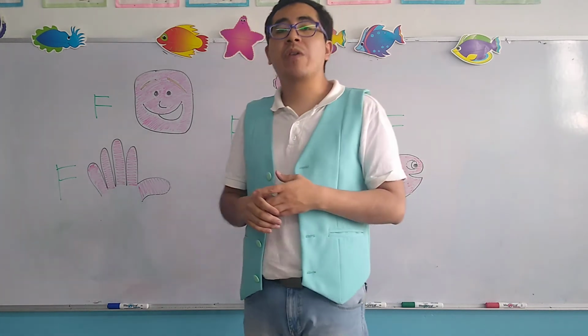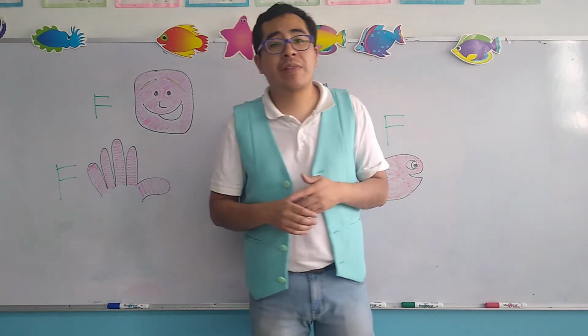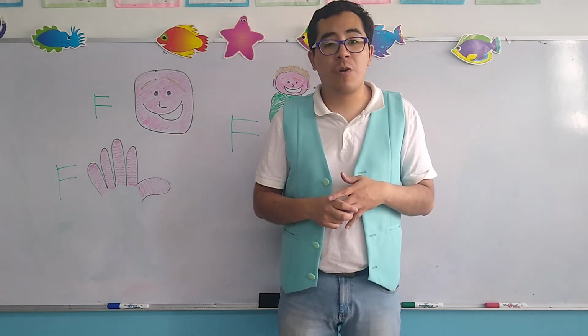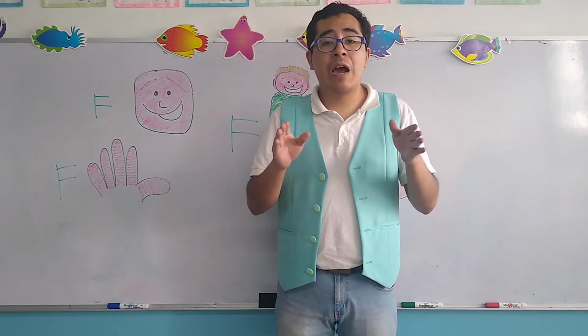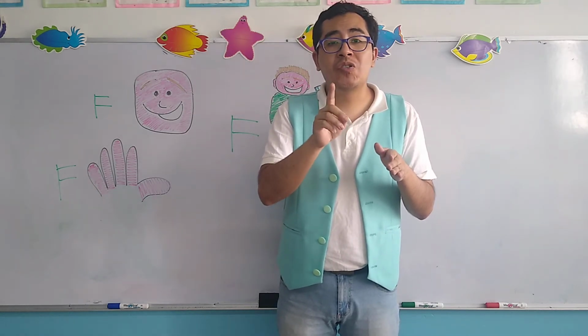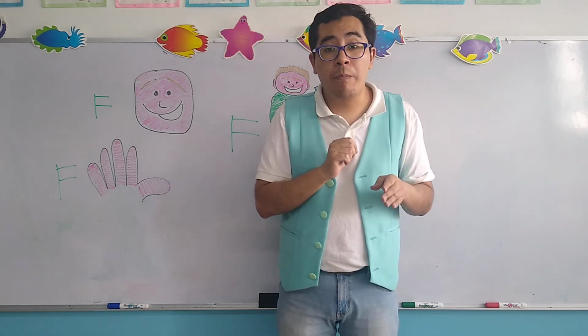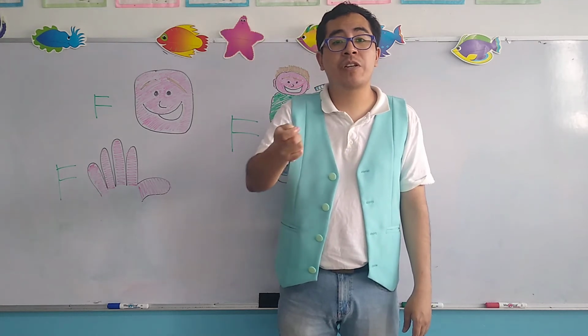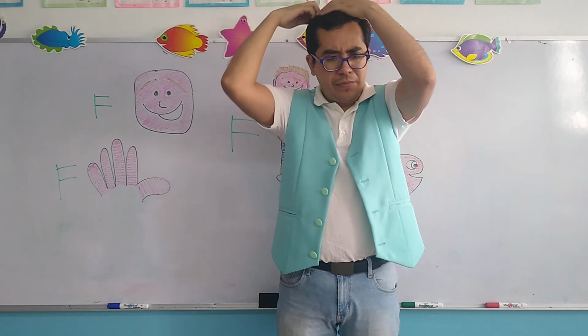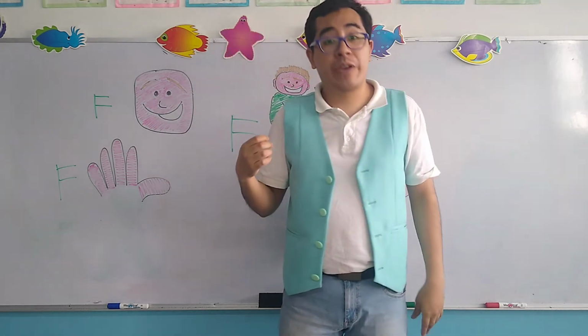So today, we're going to continue with a brand new letter, the letter F in capital form, capital F. Now, characteristics about this letter: it looks like the comb. Remember the comb, it's an object that we use to accommodate our hair, okay?